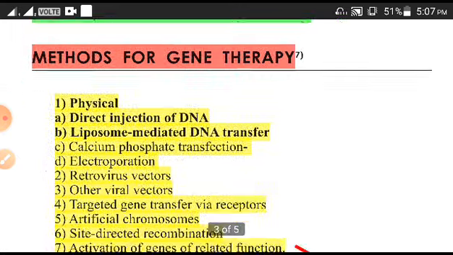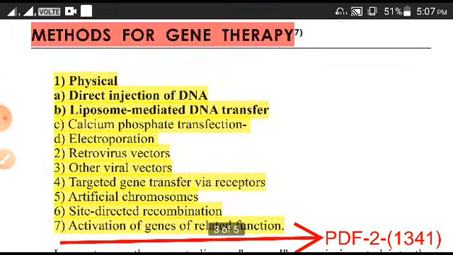Now we'll see which methods need to be applied for gene therapy. There are various methods. One is the physical method, direct injection of DNA, liposome-mediated DNA transfer, calcium phosphate transfection, electroporation, retrovirus vectors, other viral vectors, targeted gene transfer via receptors, artificial chromosomes, site-directed recombination, and activation of genes of related function.